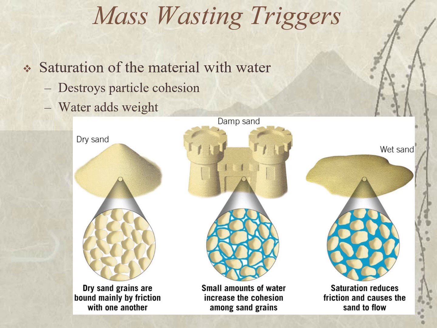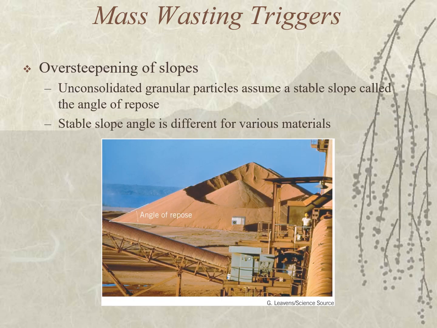If you add a little tiny bit of water and the sand is damp, then you have some cohesion among the grains, and then you can build your sand castle. But if you put a bucket of water on your sand castle, guess what? Now it's just going to flow. You're not going to have a sand castle anymore. Because if you saturate in between the grains there, it's going to reduce friction and you're going to have flow occur.